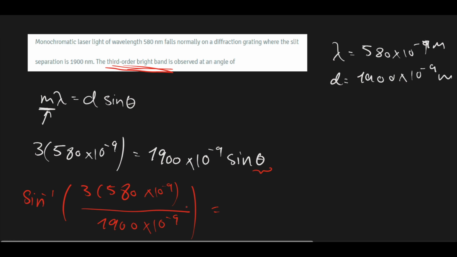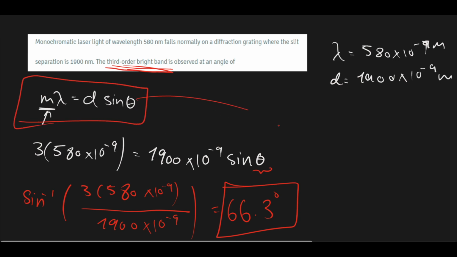Let's see, we'll get approximately 66.3 degrees, and this is it. So this is the equation that you are going to use, and using it you just solve the questions.